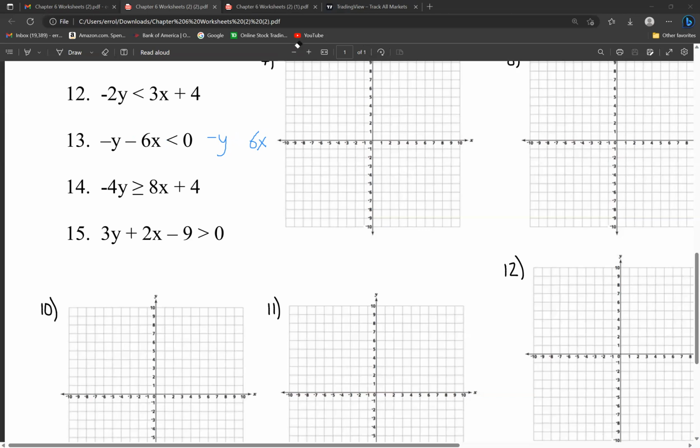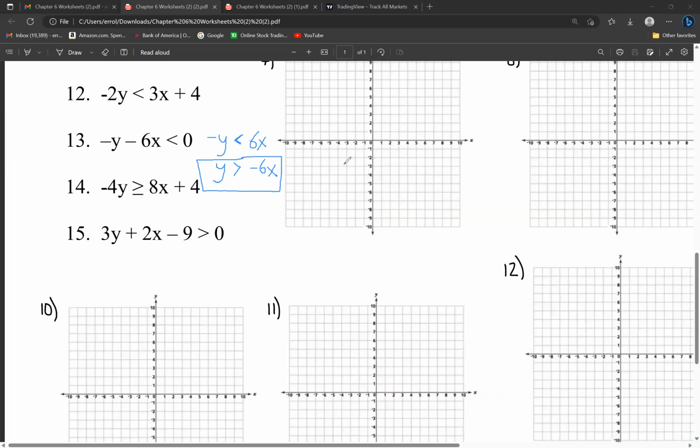Divide everything by -1. So the signs will flip. What happens to the sign in the middle? It flips to greater than. Yep, so greater than. Okay, so how do we graph this one?